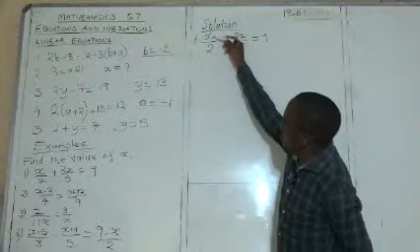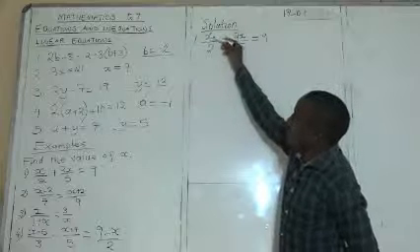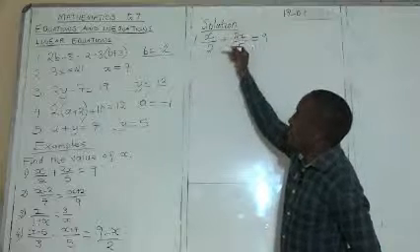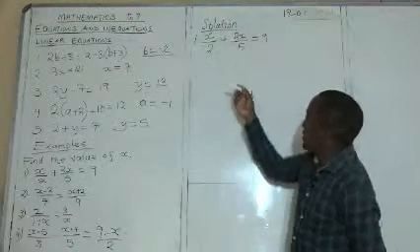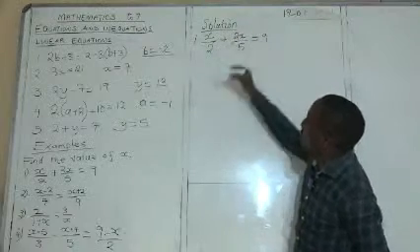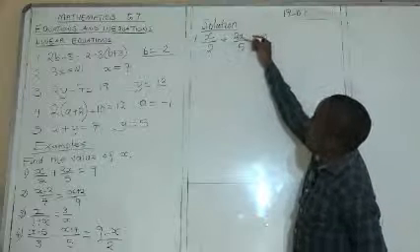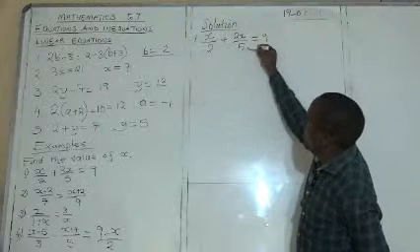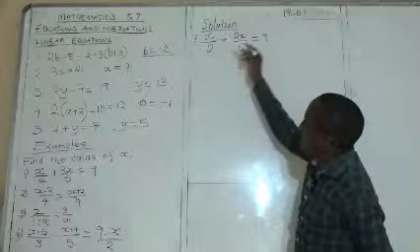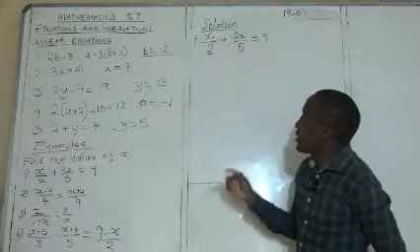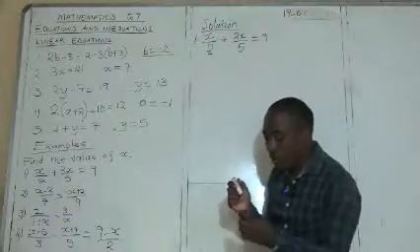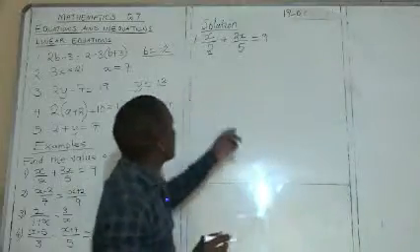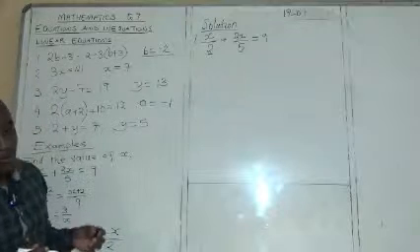So you have x over 2. x here is the numerator and 2 is the denominator. And you look at the second one, you have 2x over 5. So 5 is the denominator. Look for the lowest common multiple of 2 and 5.